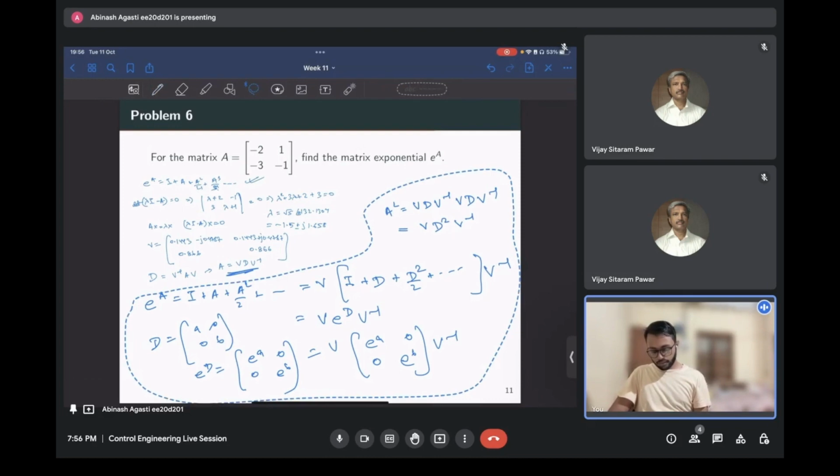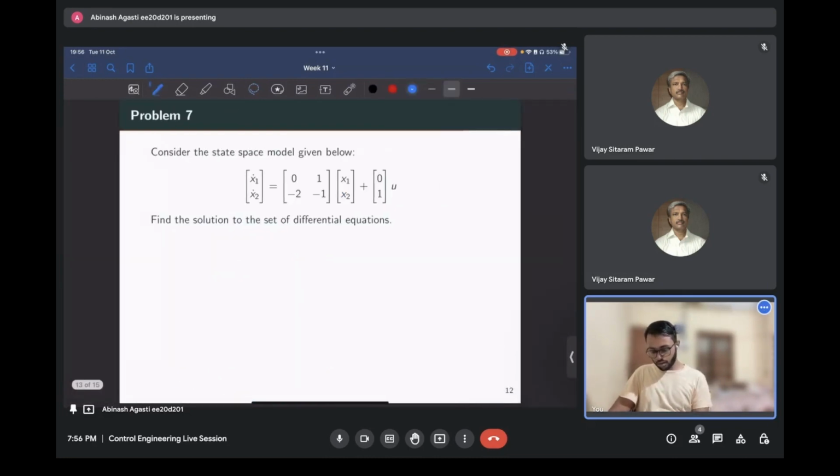So before we do that, let us just take a look at the next problem. This one will be a long one, so let's not do the full solution here, but basically find the solution to a matrix differential equation. If we have something like this, we know x of t is e to the power at x naught.